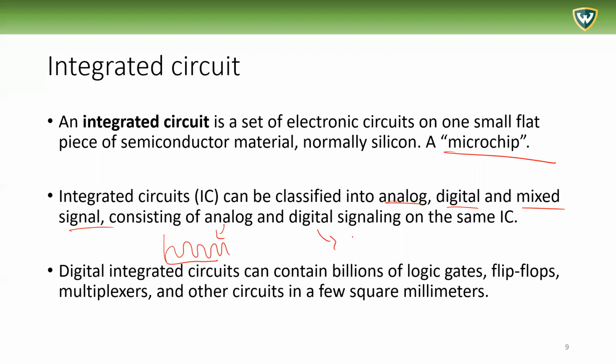And digital is still about electricity, but it's more binary, 0 or 1. Digital integrated circuits can contain billions of logic gates, these tiny, essentially chemical engravings on the microchip, flip-flops, multiplexers, and other circuits in a few square millimeters.